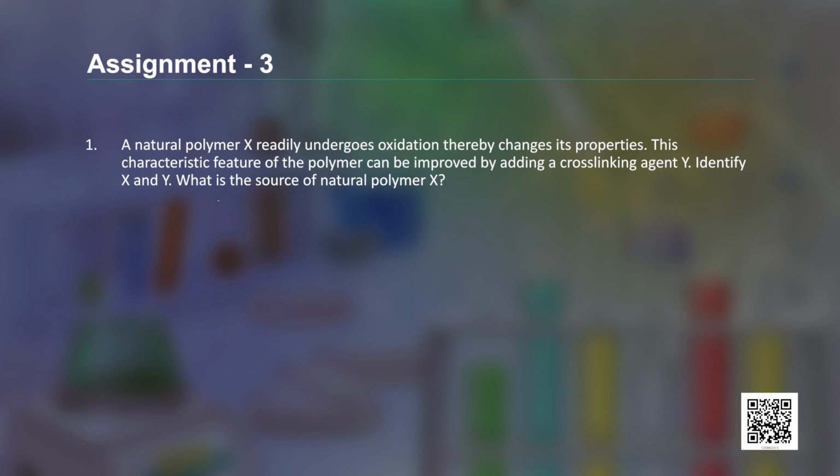Dear learners, based on these concepts that have been elaborated in this session, answer the following questions. Question number 1. A natural polymer X readily undergoes oxidation, thereby changes its properties. This characteristic feature of the polymer can be improved by adding a cross-linking agent Y. Identify X and Y. What is the source of natural polymer X?